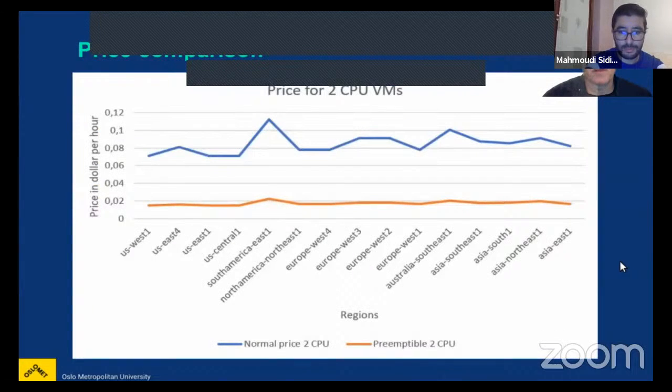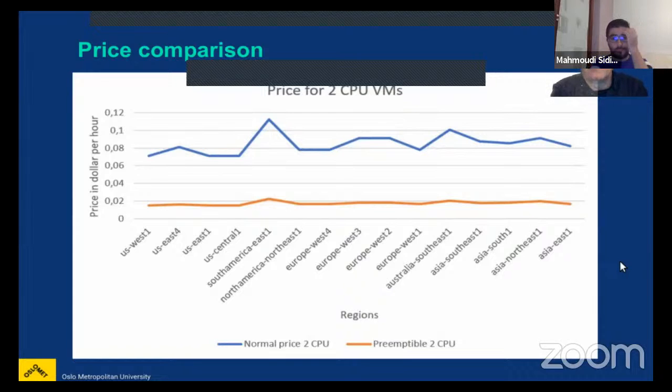Initially, we looked at the prices for these VMs. And you see there is a huge difference between the preemptible ones, which are roughly 1/4 of the price of the normal VMs.